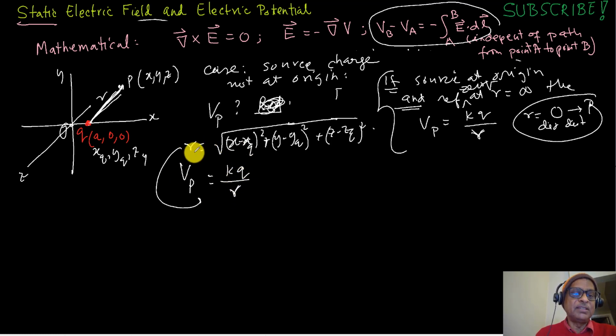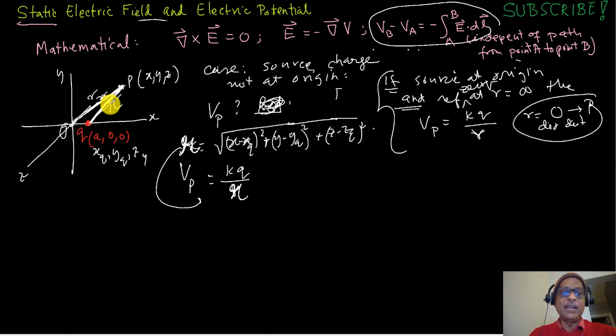You might call this r, usually this is the symbol used, so this r we can just call by some other symbol, maybe this kind of script r. So it's a direct distance. If we call this distance a small r, then this distance we can call a script r just to distinguish. We have to go from the charge to the point P.